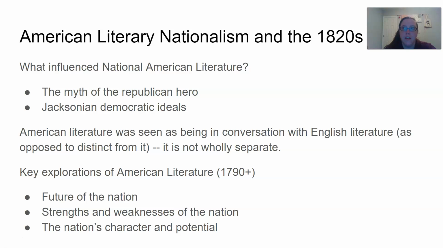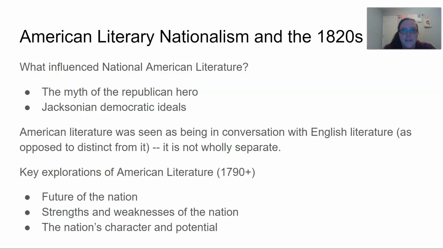Of course, we can think about the genocide of Native Americans, and also slavery. So the texts will think about that. We will see texts that appreciate these myths and these ideals, and we will also see texts that question them and ask, are we truly upholding these myths and these ideals in the way that we would like to?